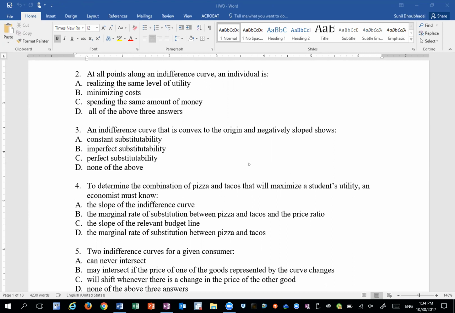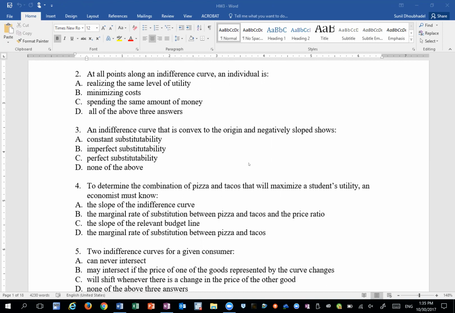if it is perfect substitution, what do you mean by perfect? What is the difference between perfect substitution and imperfect substitution? When we say perfect substitution, you get the same level of utility. So you are saying that those two goods are almost identical.